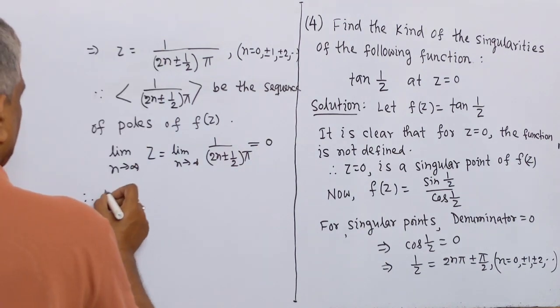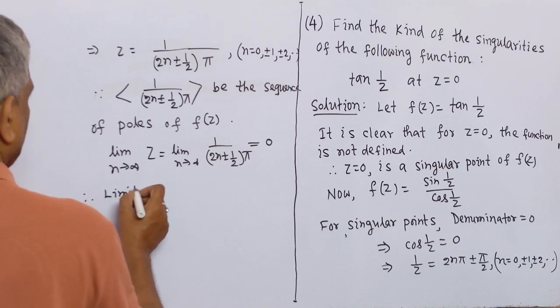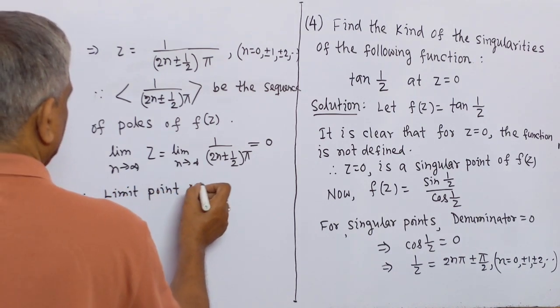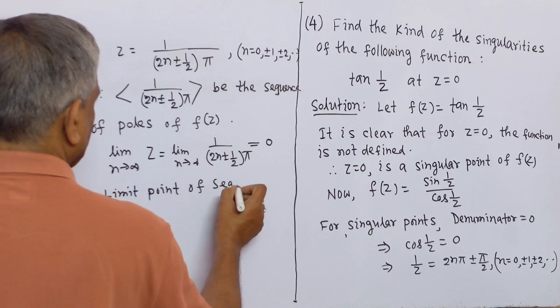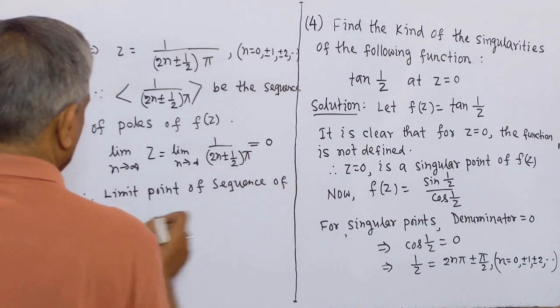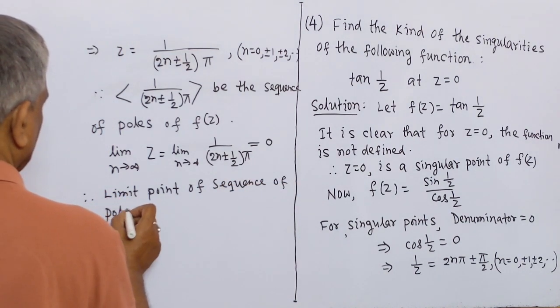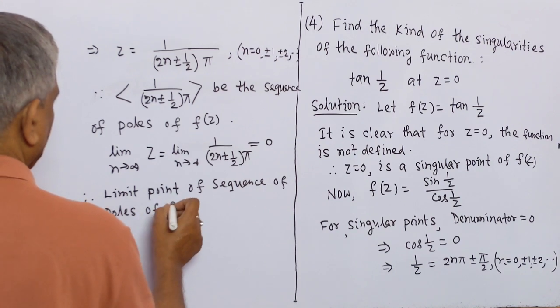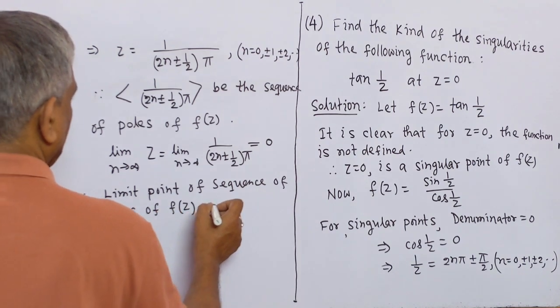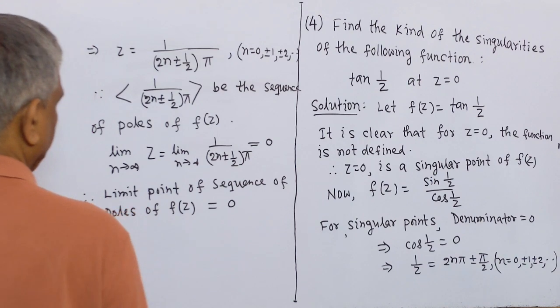Therefore, the limit point of the sequence of poles of f(z) equal to 0.